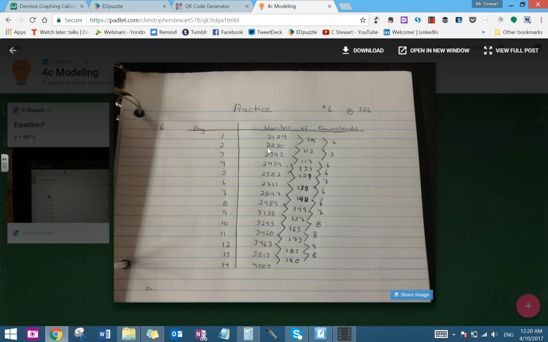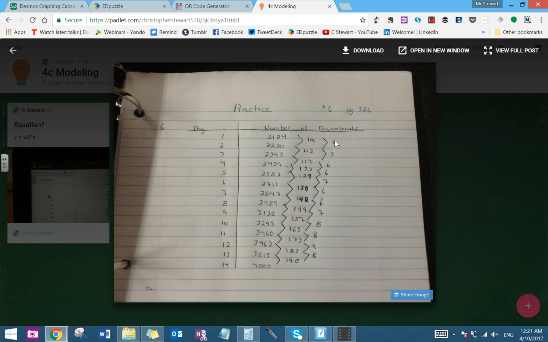So the second value, subtract the first, get 106. Take the third value, subtract the second, get 112. It's always subtracting one value from the subsequent value to get your first difference.